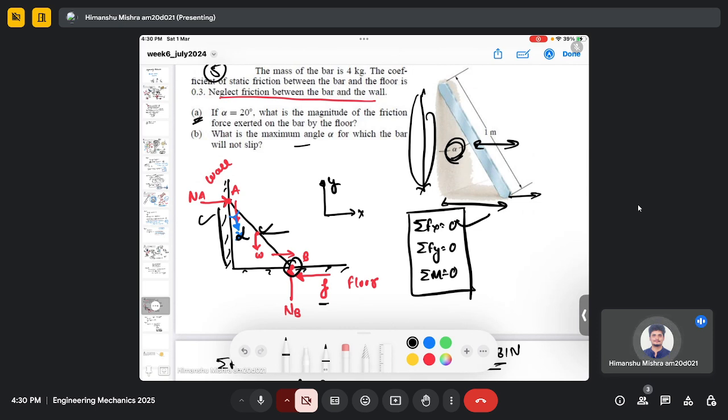Yeah, so in order to find this alpha, we can actually take a moment along point B, and there will be a moment due to NA and W. NA has a perpendicular distance of this, so this distance we have not given, but we have given this 1 meter distance, the height of the ladder. So we can actually find the perpendicular distance for NA.